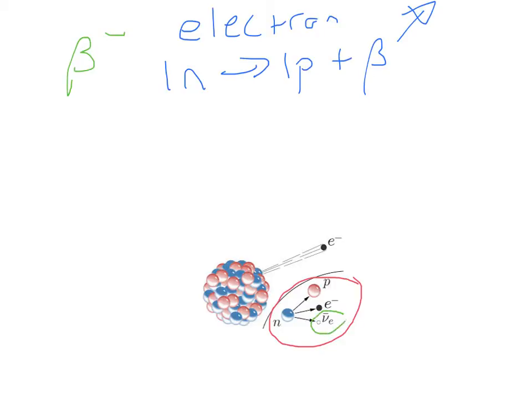But this particle here is a tiny, almost undetectable particle, and this is an electron-type antineutrino. This slanty V symbol is the symbol for a neutrino. The bar above it indicates it's an antiparticle, and the small subscript e tells us it's an electron-type antineutrino. There are, in fact, 2 more different types of neutrinos and antineutrinos, though you only need 1 more type for your syllabus, but again, we'll come back to that later.